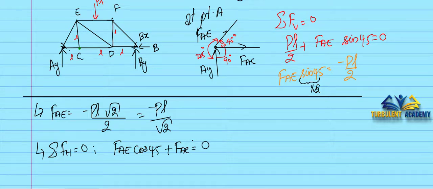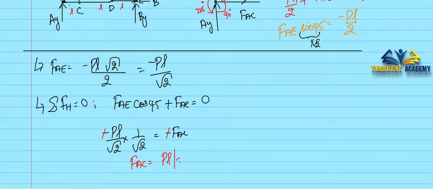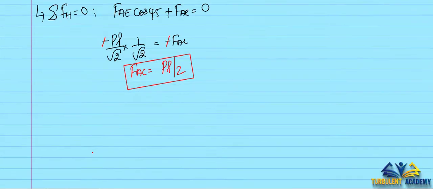Solving it, you get minus PL by root 2 times 1 by root 2 equal to minus FAC. Now the minus signs cancel, and root 2 into root 2 is simply 2, so FAC equals PL by 2. Okay, so we have got FAC using the method of joints. Now apply the same method of joints to this particular section, which is AC.